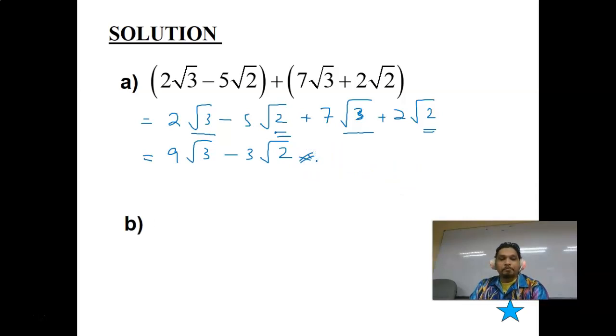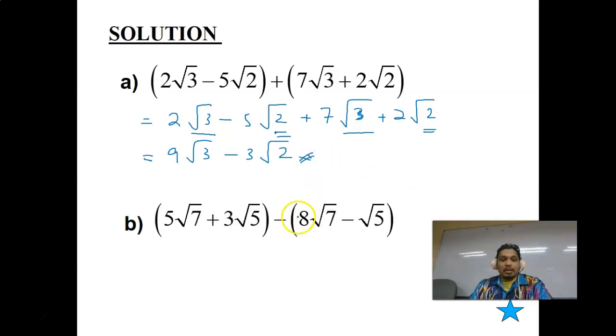Next one. For the sign of positive or addition here, we don't have to worry much, because positive multiplied with positive or negative won't change the sign inside. But for negative, please be careful. Now let's try 5 square root of 7 plus 3 square root of 5.